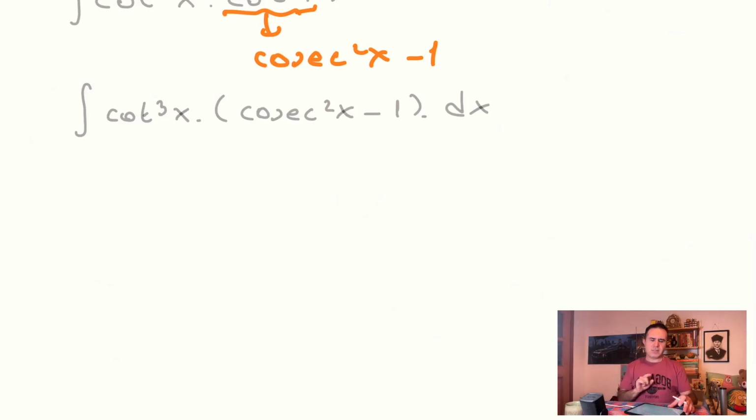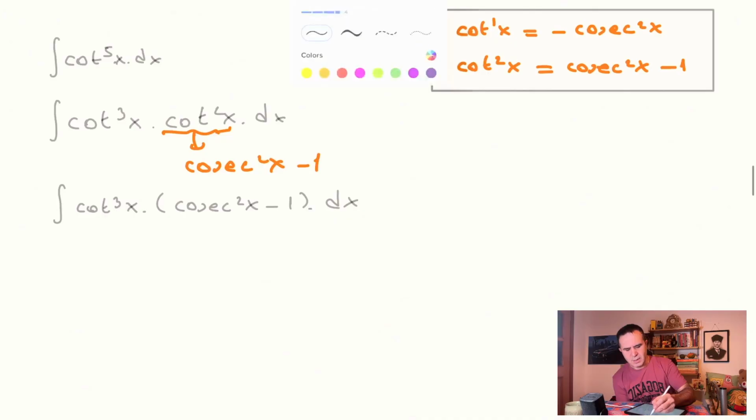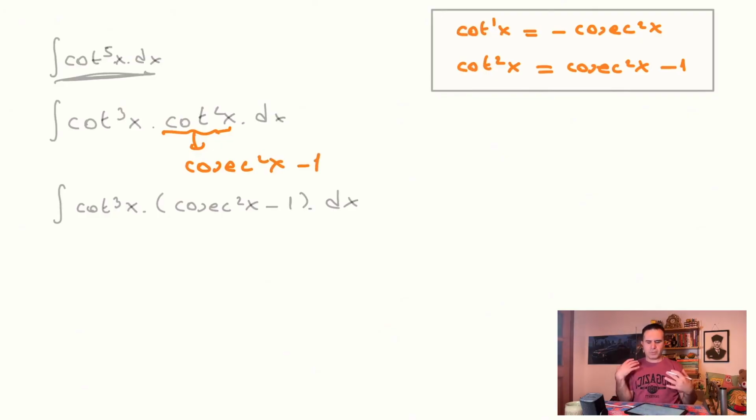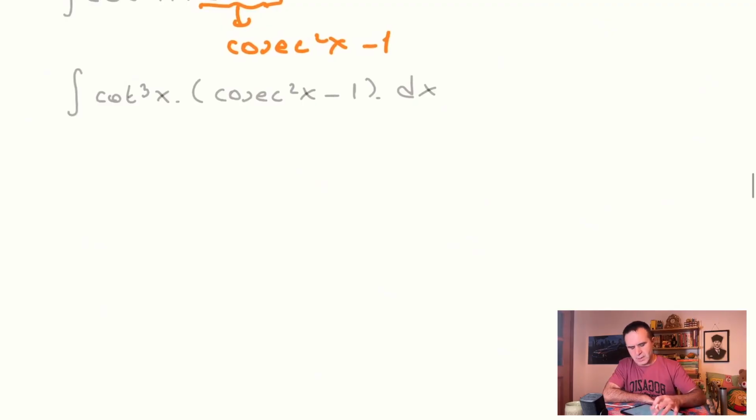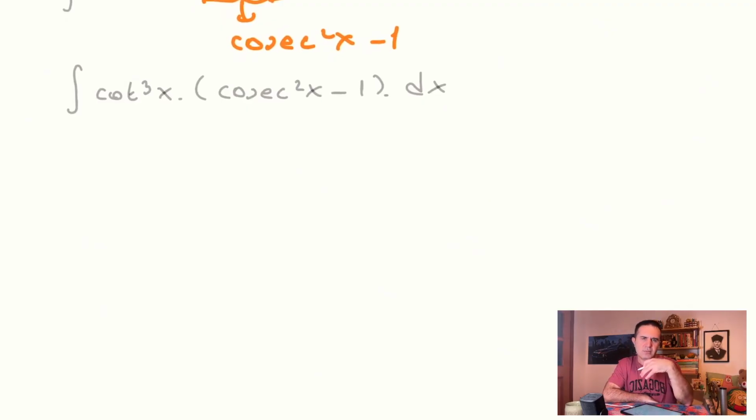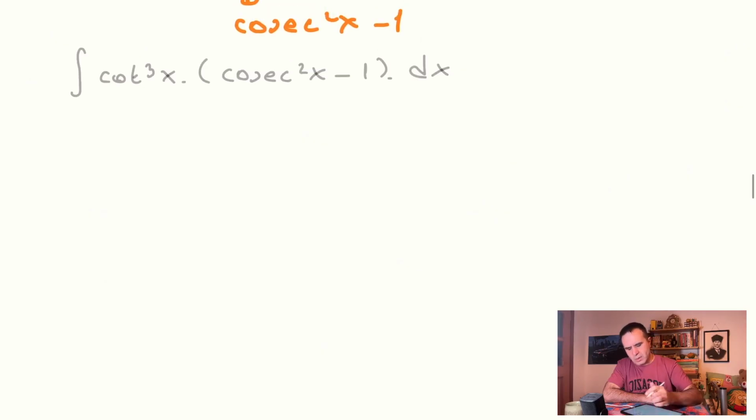The same method is also used for the tangent to the power of 5x dx. This means that the integral of cotangent to the power of 5x and the integral of tangent to the power of 5x have the same method of solving. You can look at the video where I solved the tangent to the power of 5x for that. Okay, we multiply them one by one.